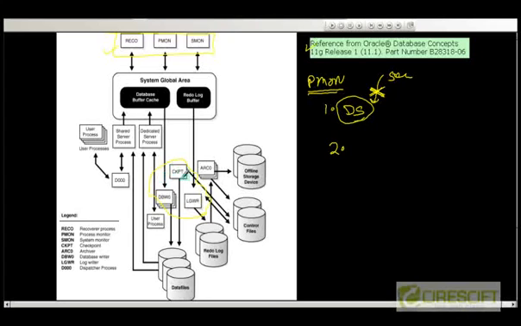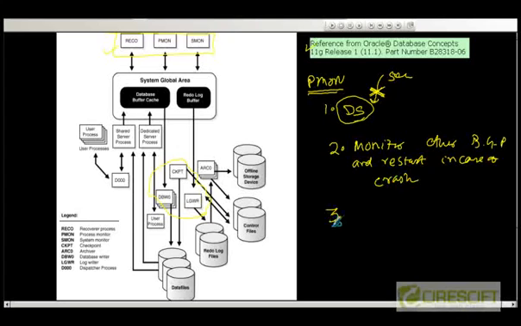If for whatever reason some process crashes, then PMON is going to recreate it. PMON basically monitors other background processes and restarts them in case of a crash.